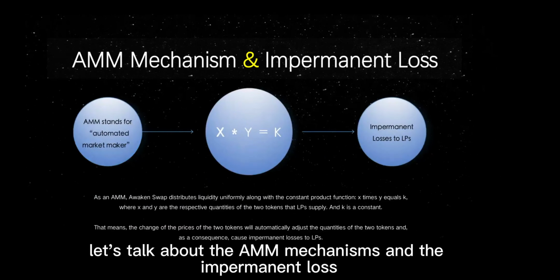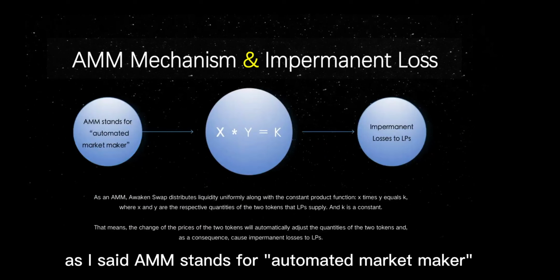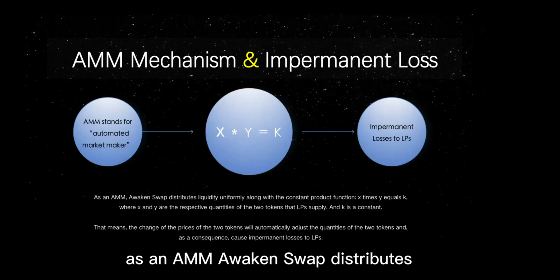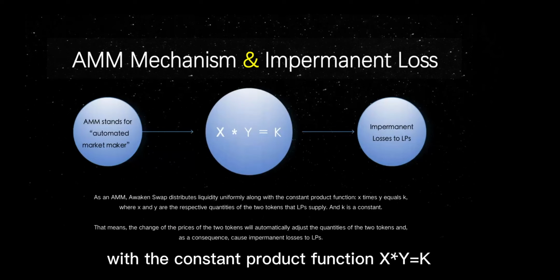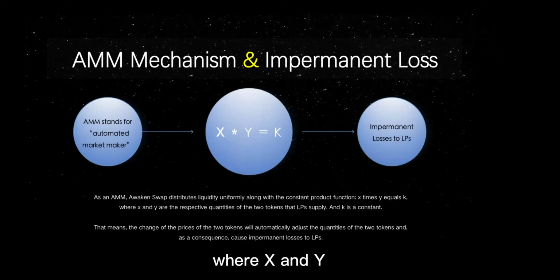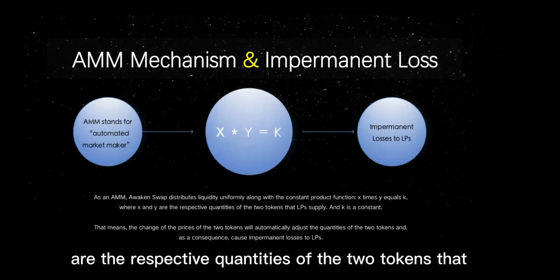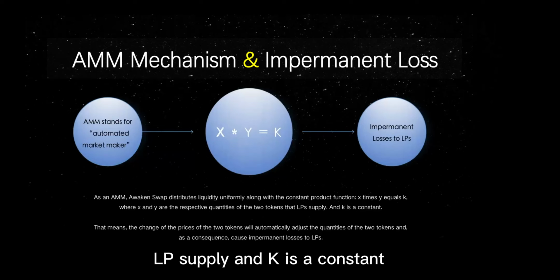And now let's talk about the AMM mechanisms and the impermanent loss. As I said, AMM stands for Automated Market Maker. As an AMM, AwakenSwap distributes liquidity uniformly along the constant product function x times y equals k, where x and y are the respective quantities of the two tokens that LPs supply, and k is a constant.